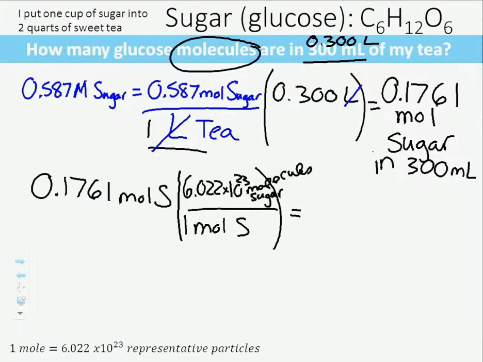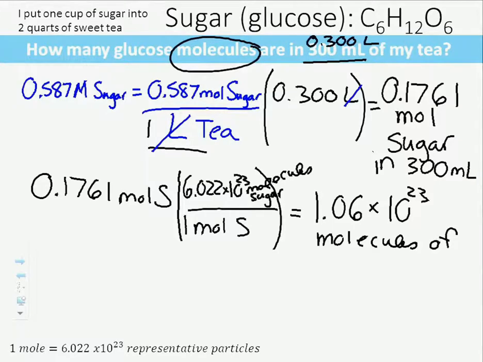So using that conversion factor, I can get us from moles to molecules. So times 6.022 times 10 to the 23rd will give us 1.06 times 10 to the 23rd molecules of sugar in 300 milliliters of tea.